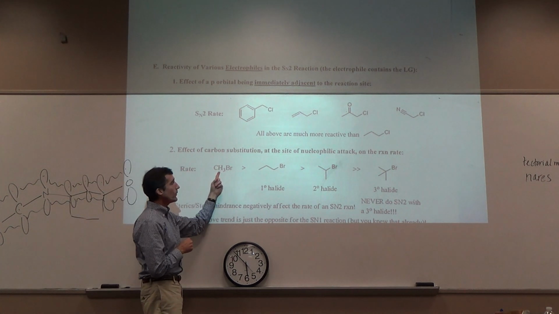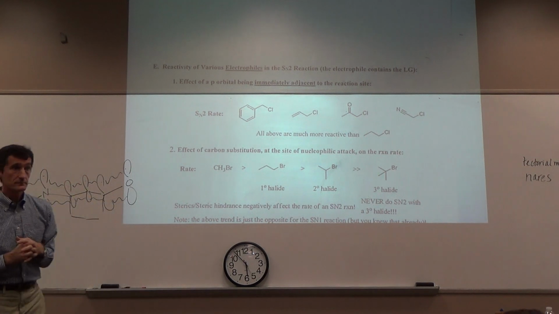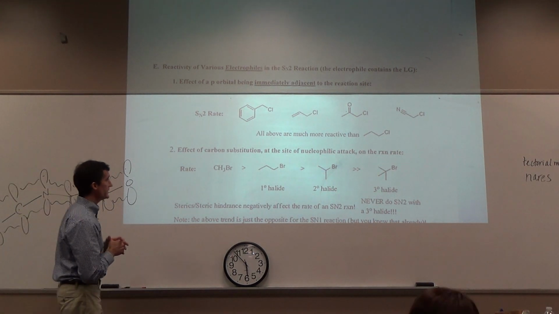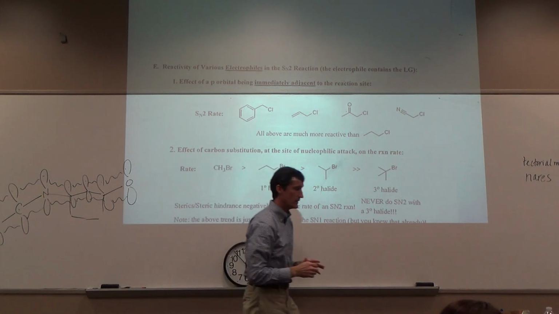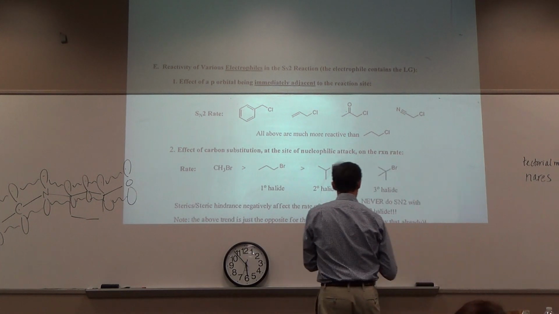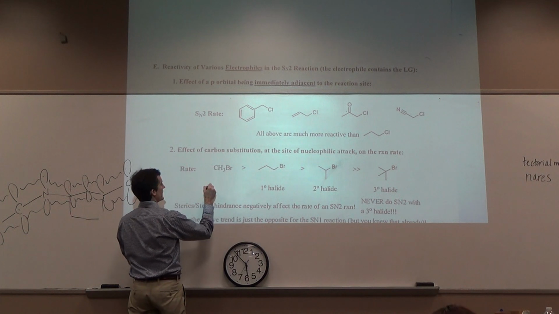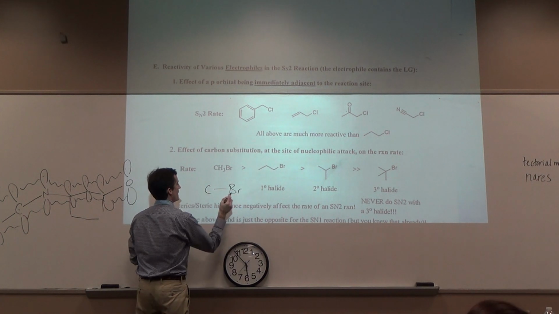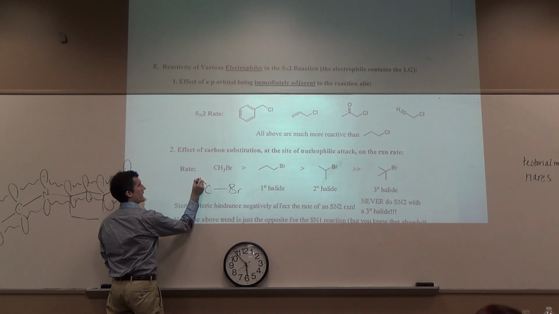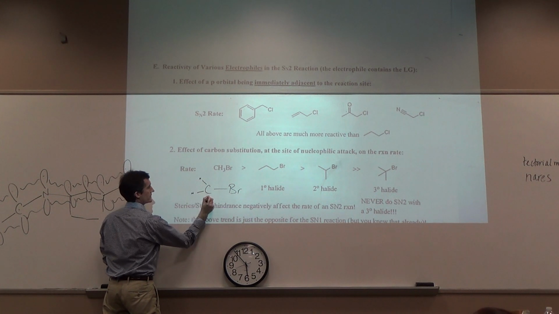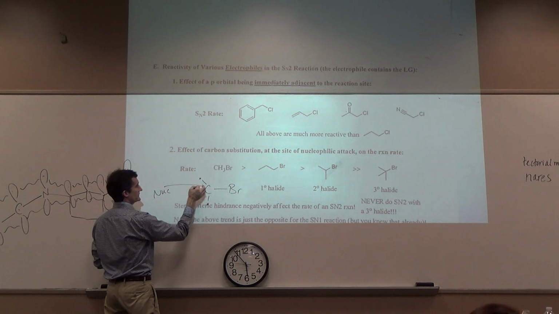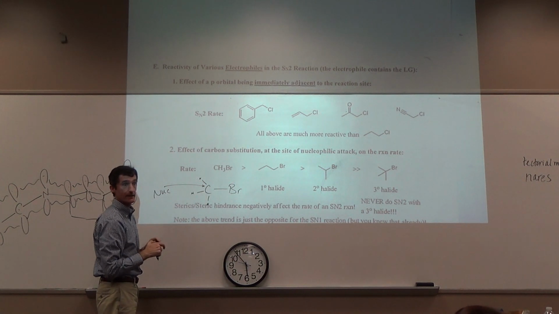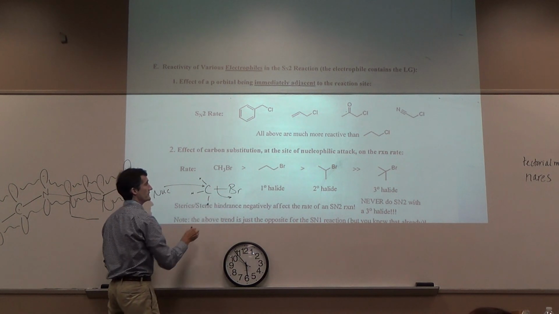This is fastest. Why? This is just steric effects. It's easier to attack this carbon. There's nothing in the way. These H's are real small. If we draw out the H's, they're actually quite small, and the nucleophile, boom, can just get in there, attack, and kick off the bromine.